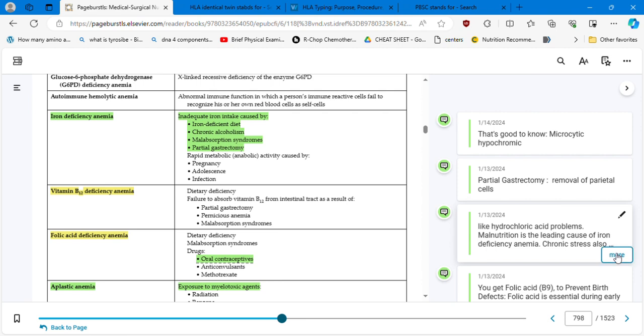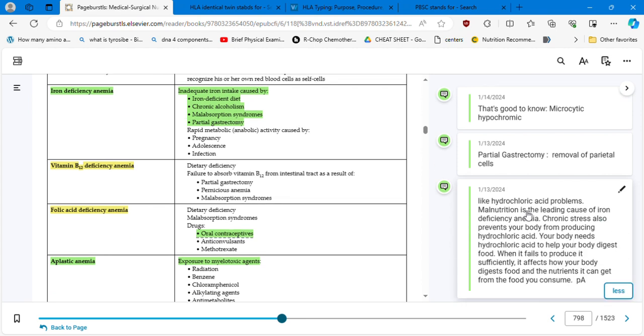As I mentioned here in my notes, malnutrition is the leading cause of iron deficiency anemia. Chronic stress also prevents your body from producing hydrochloric acid. That's why since day one, I suggest you start adopting a habit for stress relief.